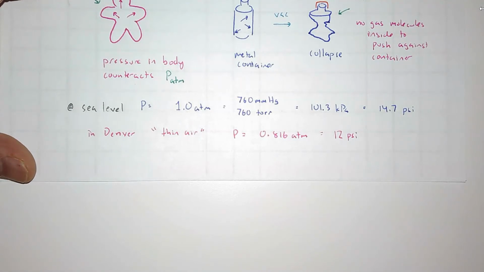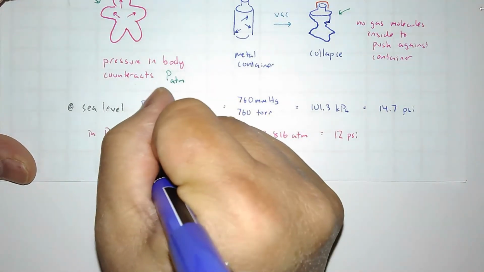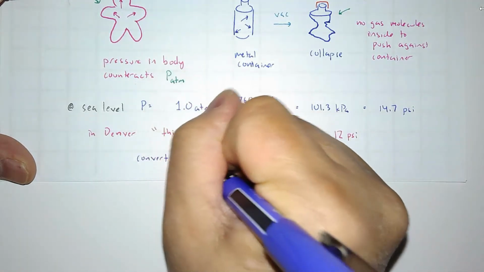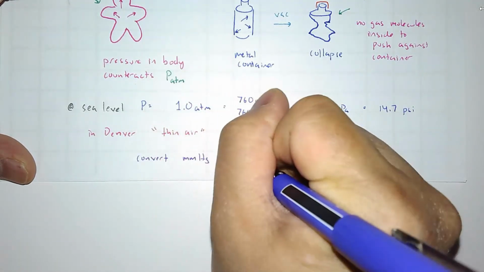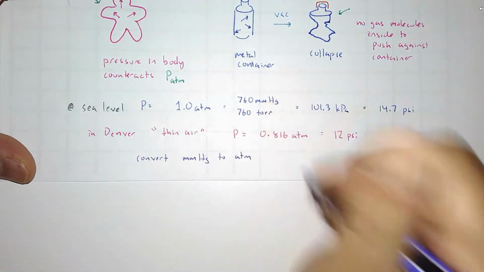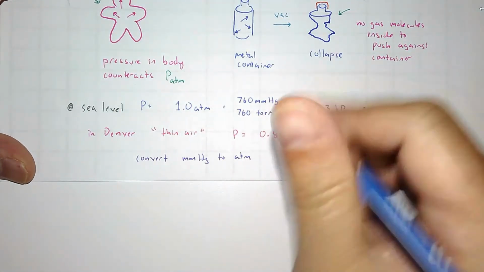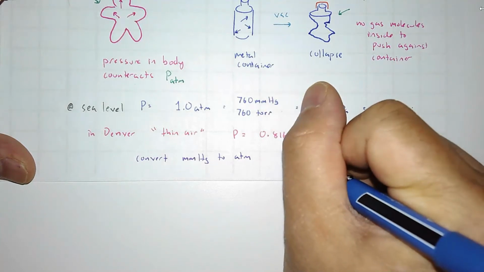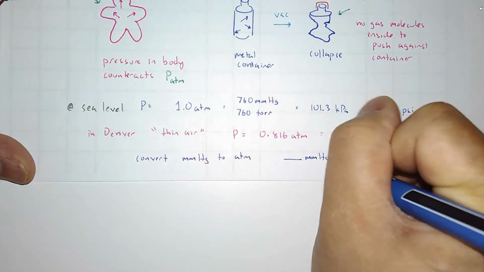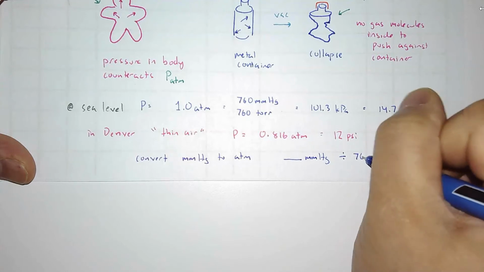Now, the last thing, just a trick, or a really quick thing, to convert millimeters of mercury to ATM. Just take the millimeters of mercury and just divide it by 760.